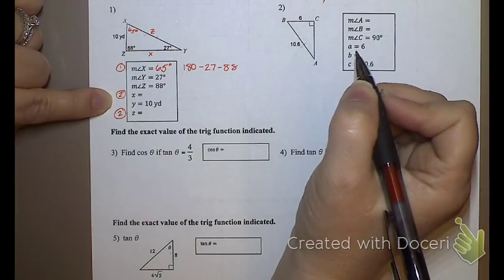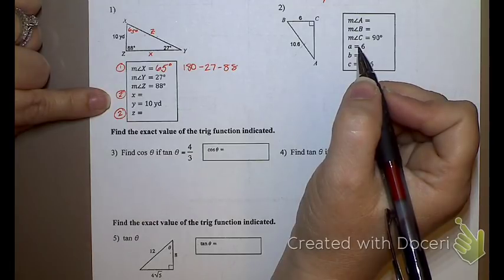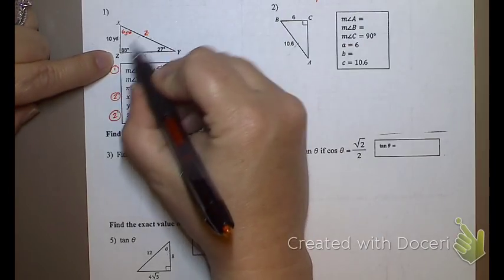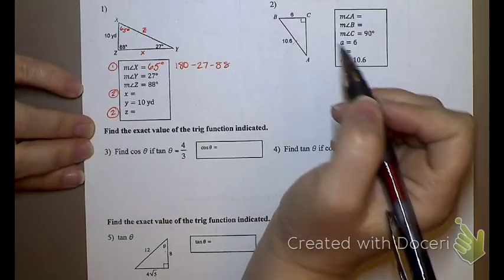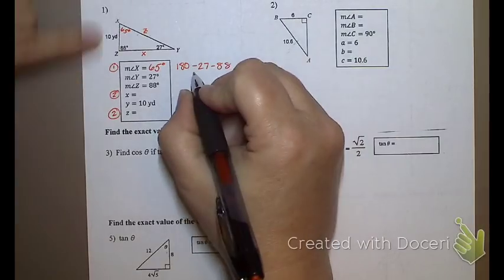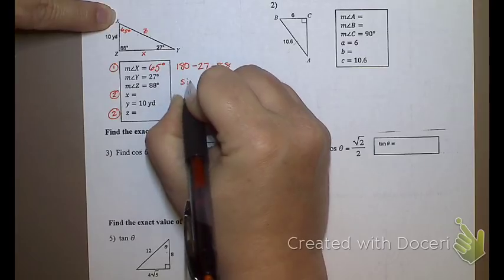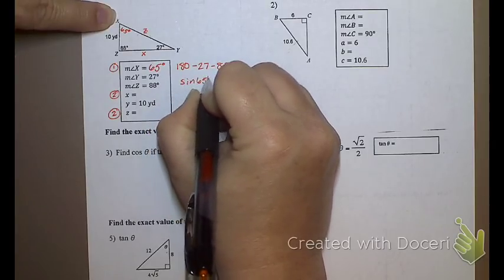How do I know that X is the bottom one and Z is the hypotenuse-looking one? Because it's got to be opposite the capital, right? Opposite the capital letter.